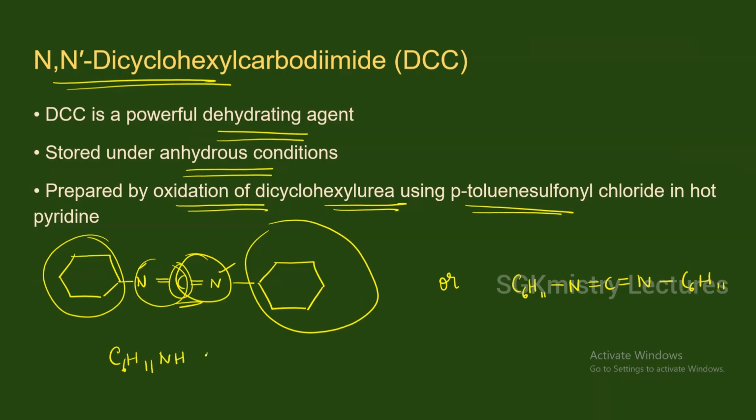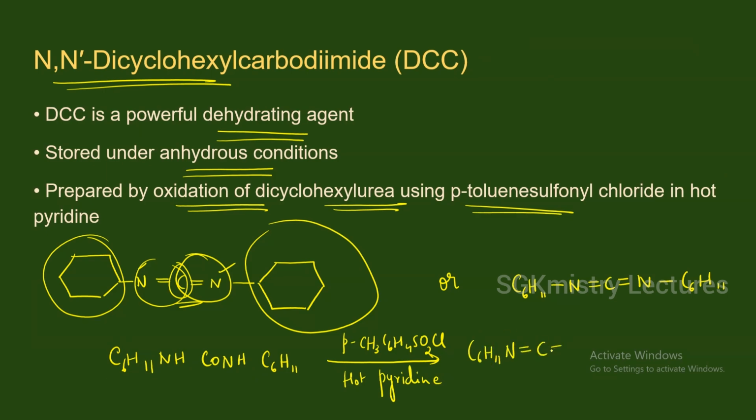C6H11NHCONHC6H11, dicyclohexyl urea. Urea is NH2CONH2. So when one H on each nitrogen is replaced by a cyclohexyl group, we get dicyclohexyl urea, in the presence of para-toluenesulfonyl chloride. So we have CH3C6H4SO2Cl, that is para-toluenesulfonyl chloride. And in the presence of hot pyridine, you are going to get this particular reagent, that is DCC.